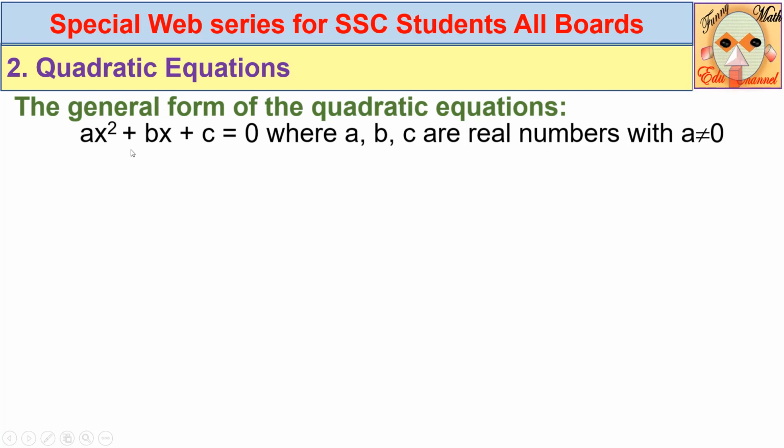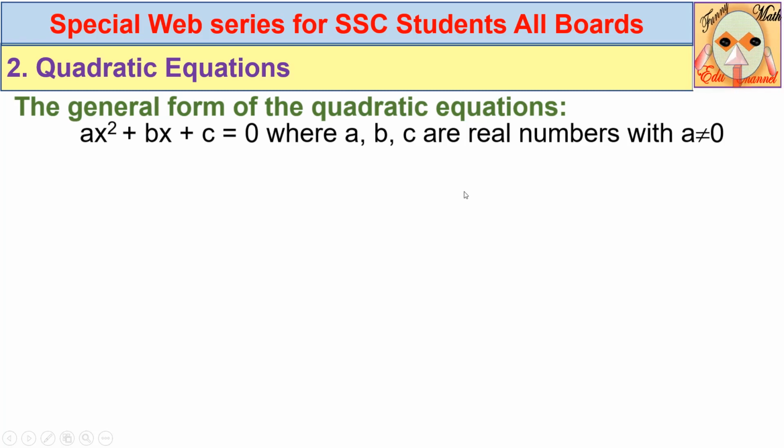There will be no term having the highest power as 2. So student, there must be an x square term whenever the equation is in the variable x. This is very important. So the condition is a not equal to 0. b may be 0, c may be 0.